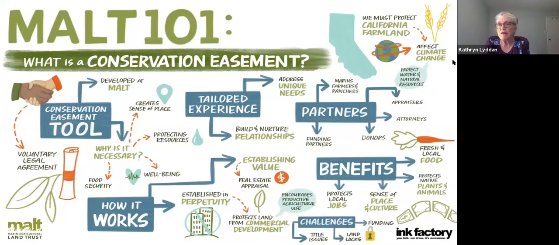For instance, we've seen in Marin and Sonoma, where there's been a lot of agricultural conservation easements, that the lands where the property owners put their land in easement were often the lands where they were able to diversify and create higher-value, value-added production, like cheese making, organic milk and yogurt, that kind of thing.